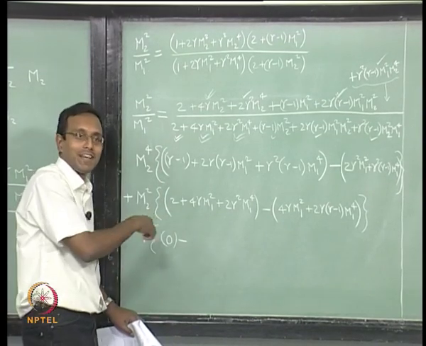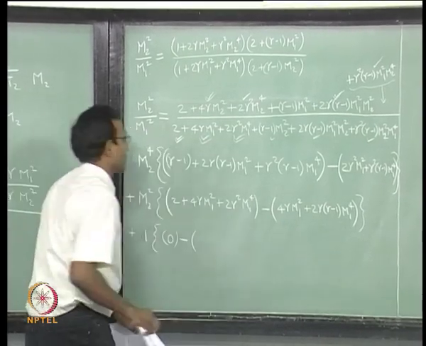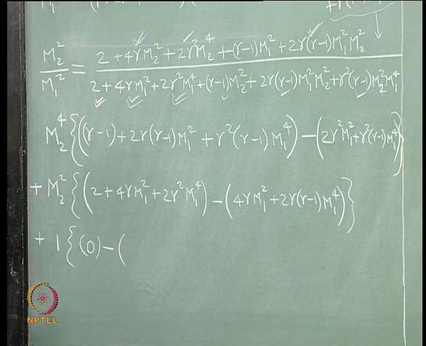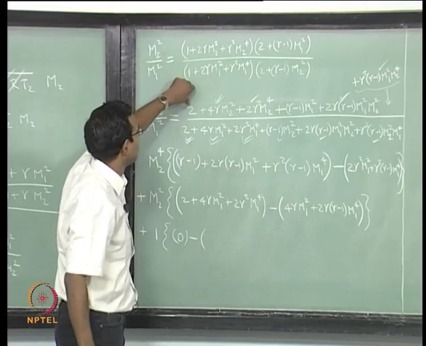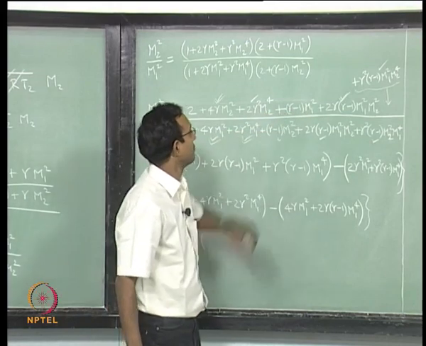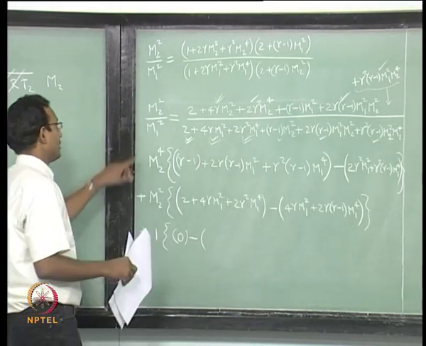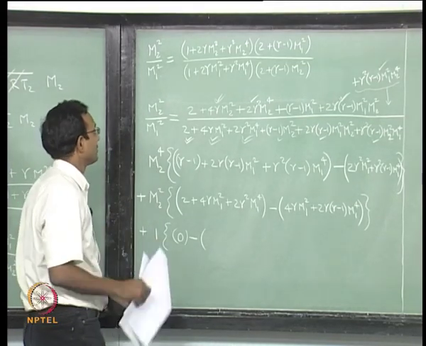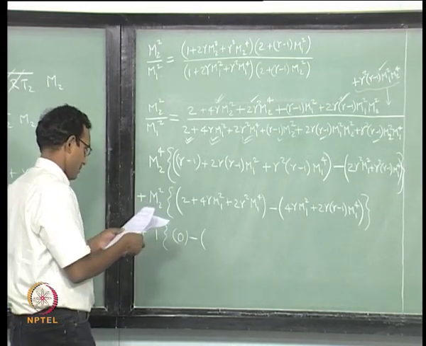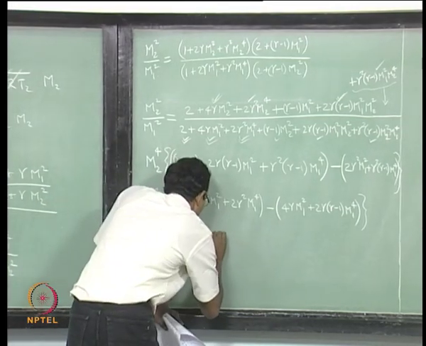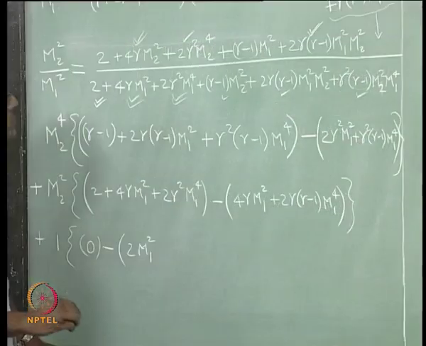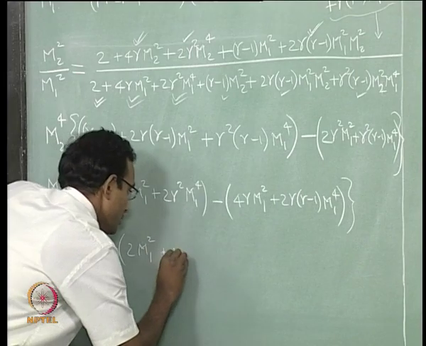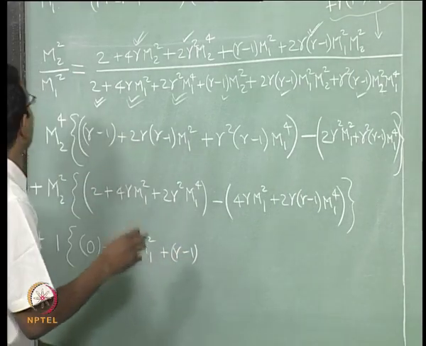Same bracket, first bracket is from denominator, nothing is coming from the first bracket, every term is used up. Only 2 terms are left, that is 2 gamma minus 1 m1 square, multiplied by m1 square and taken to the left side. So there is a minus sign here. So it will be 2 m1 square plus gamma minus 1 m1 power 4.